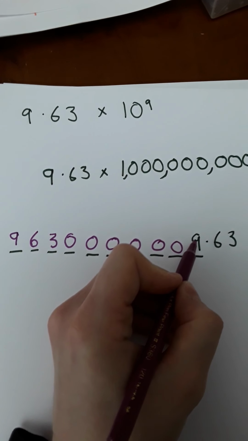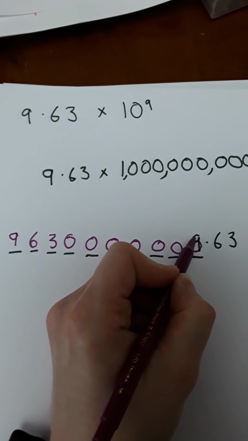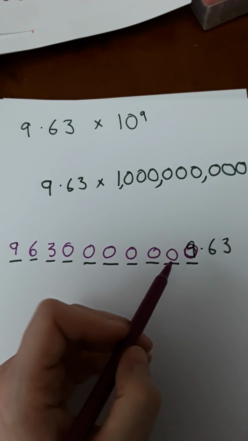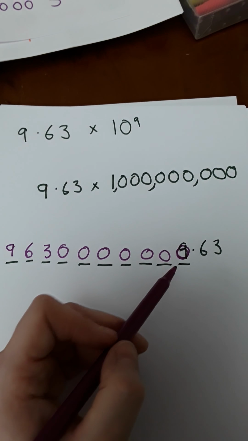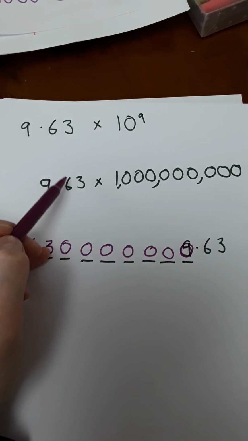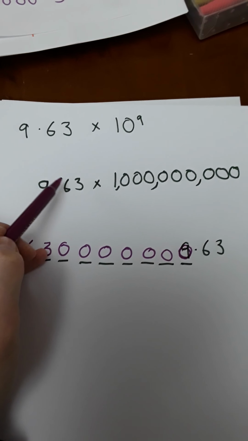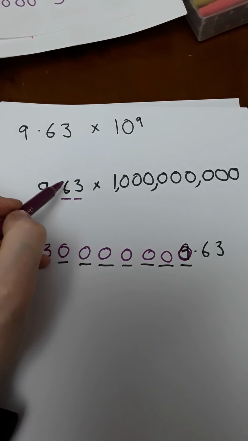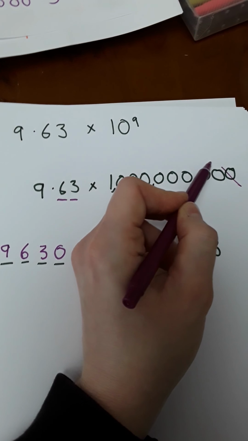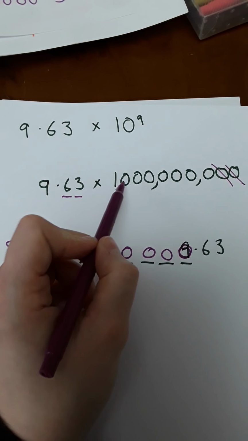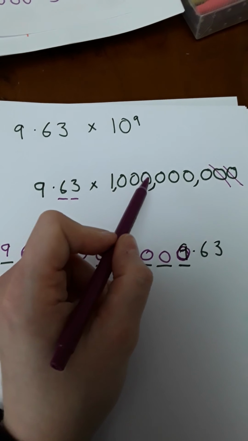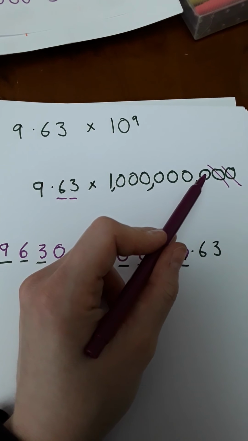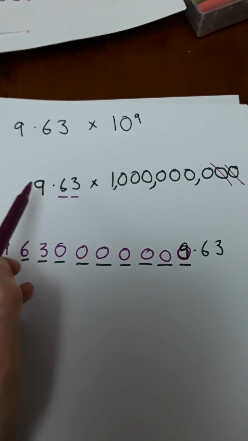Now notice that the 9 started here, so we need to put a 0 here as well. Now one way you can double check it is, however many numbers are moving from behind your decimal place, here I've got 2, those 2 will cancel out the positions of 2 10s. So I know that I end up with 7 zeros in front of my 9.